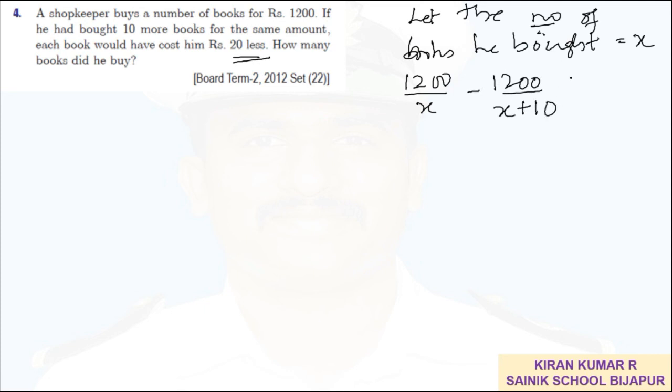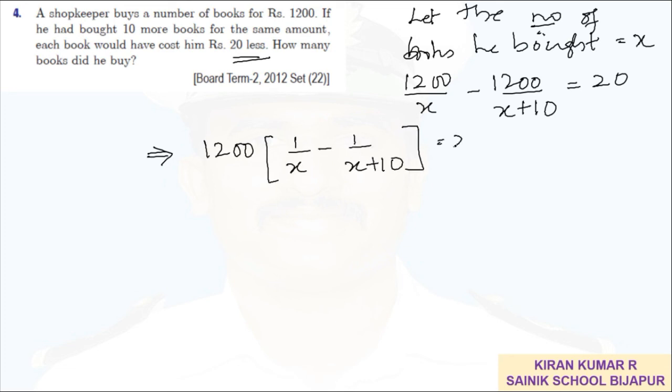If 10 more books were purchased, the difference would have been 20. So this is the equation we need to simplify. To simplify this equation, I'll take 1200 as common. I'll be getting 1 by x minus 1 by (x plus 10) equal to 20.